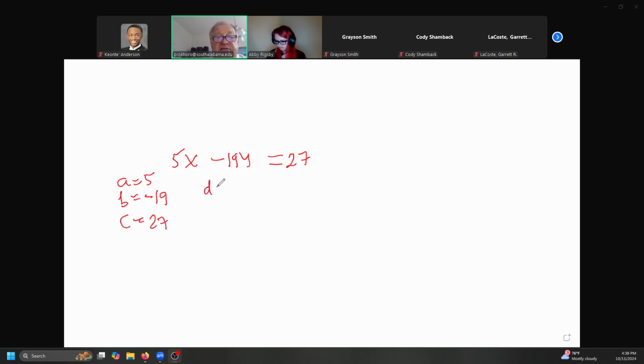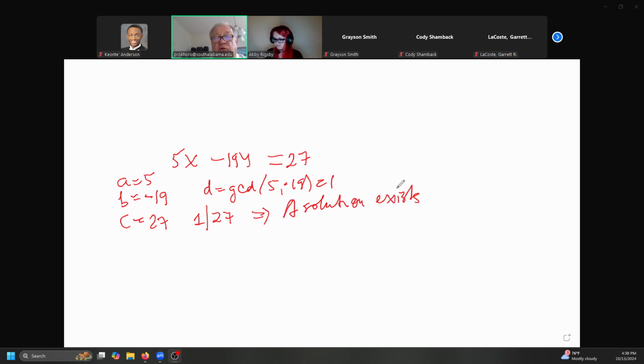The greatest common divisor d of 5 and negative 19 equals 1, so 27 is divisible by d, divisible by 1, so we can find a solution. A solution exists. Actually we have infinitely many solutions, but we have only one solution given with the help of the formula we wrote.